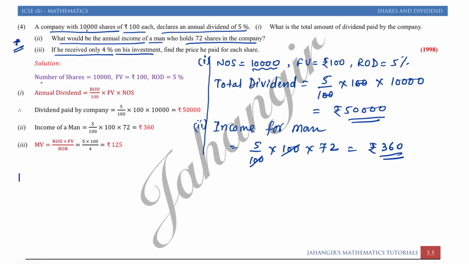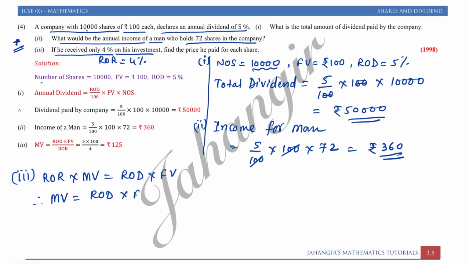So we have to find MB when the rate of return is given. The rate of return is 4%. So we can write ROR into MB is equal to ROD into FB. We want MB, so therefore MB is equal to ROD into FB upon ROR.